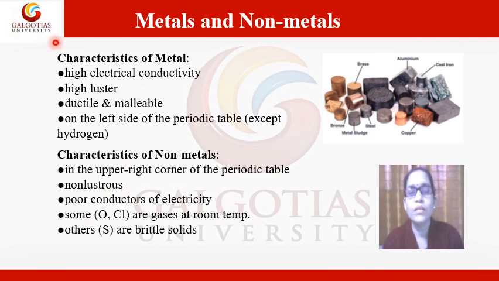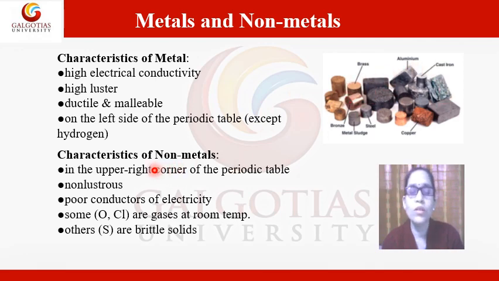Let us see what the metals and non-metals are. What are the characteristics of metals? Metals have high electrical conductivity, they have good luster, and metals are ductile and malleable. On the left side of the periodic table, except hydrogen, all are metals. So these are the different metals.